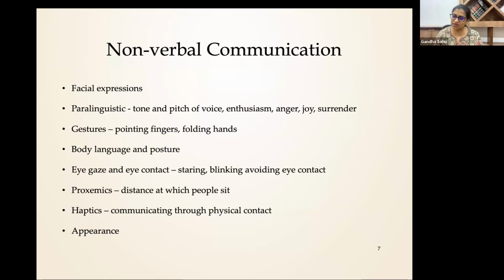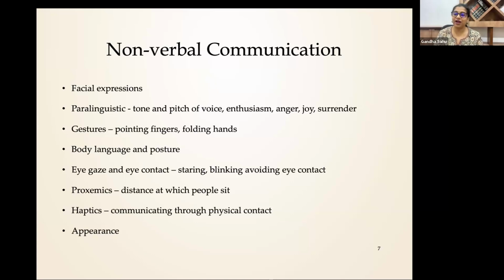All of these things we can make out in terms of whether the person really is interested in having a conversation or not. And I think you all did an exercise yesterday as to how difficult it is to talk to somebody when the person who you want to talk to is not interested.